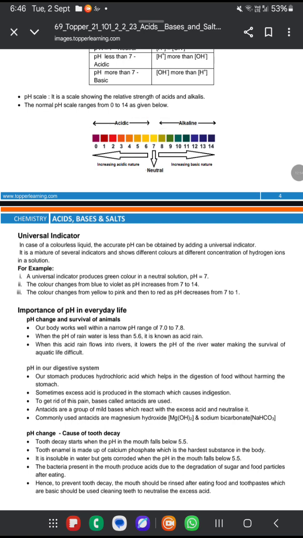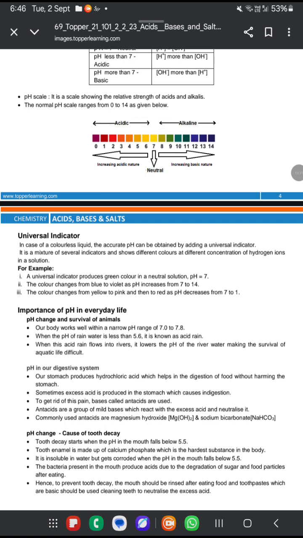For example, a universal indicator produces green color in a neutral solution, pH 7. The color changes from blue to violet as pH increases from 7 to 14. The color changes from yellow to pink and then to red as pH decreases from 7 to 1.